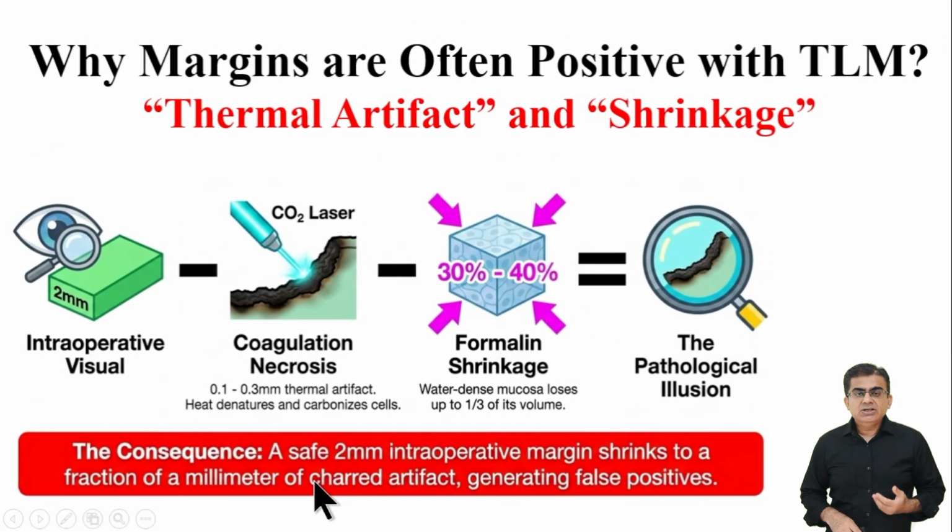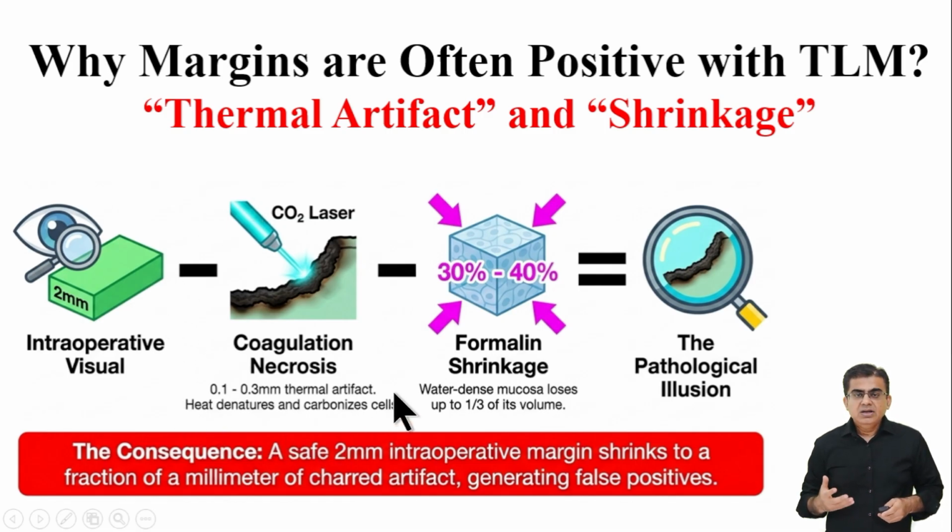Let us now look at the two enemies we face in laser surgery when we are dealing with margins with TLM surgery. Look at the false positive equation. The CO2 laser is a fantastic tool for precise cutting and stopping bleeding, but it fundamentally alters the cellular architecture at the cut margin.